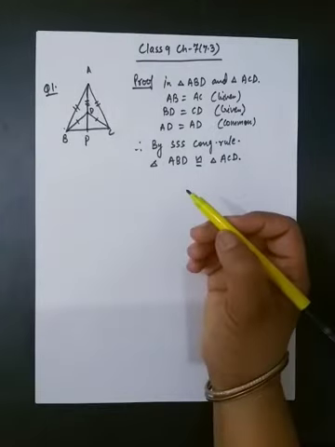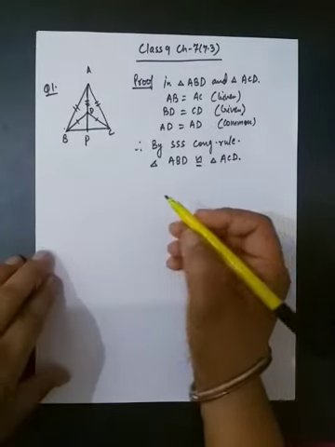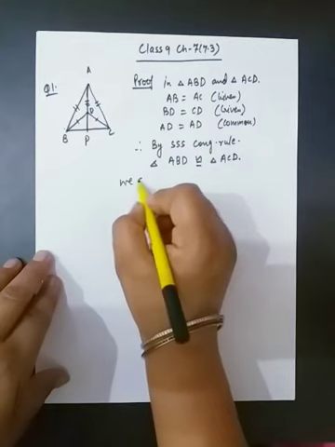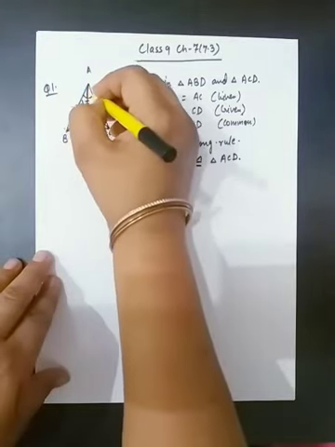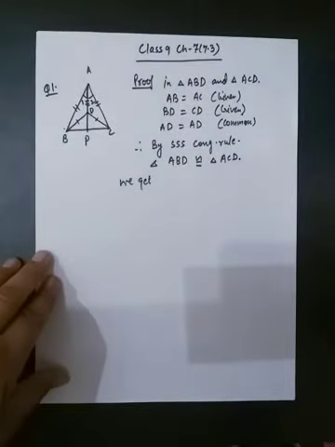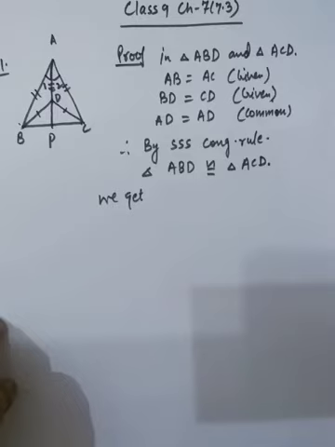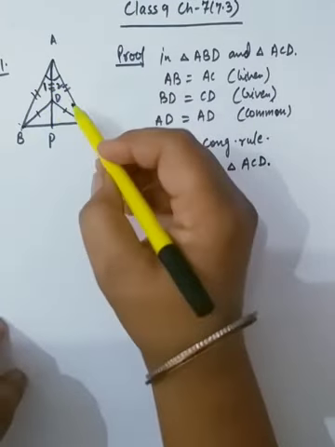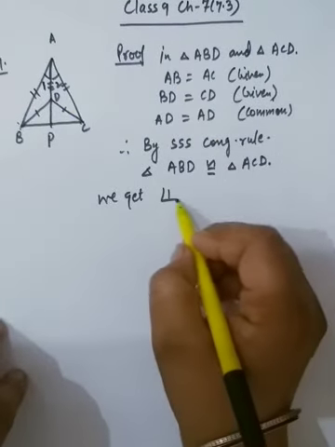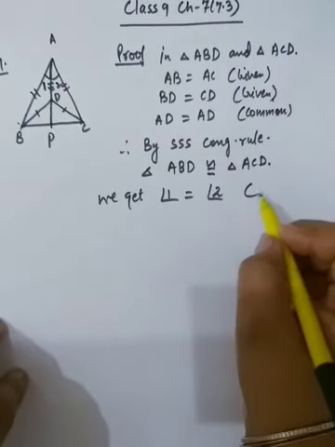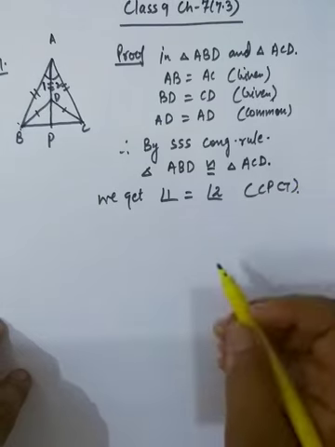Now when we have proved these triangles congruent, what do we get? We get in the figure angle 1 is equal to angle 2. Here angle BAP is named as angle 1 and angle CAP is named as angle 2. So we can write angle 1 is equal to angle 2 by CPCT.